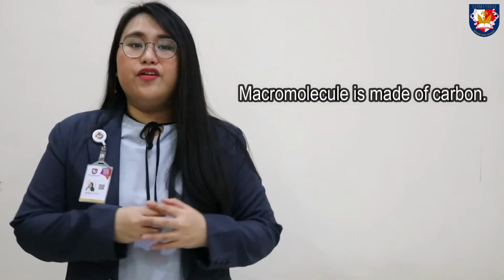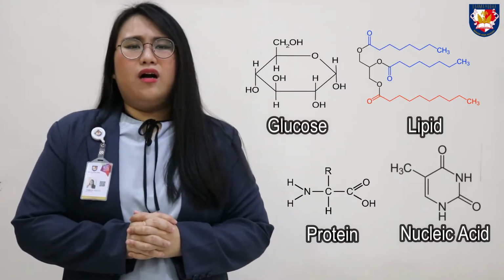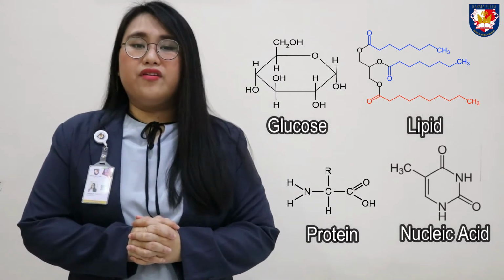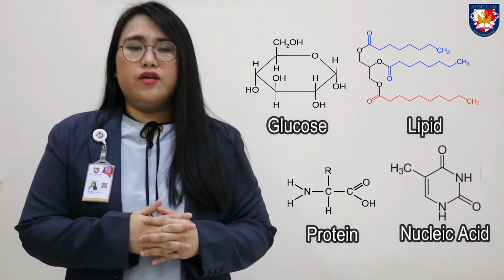The macromolecules, like I have said before, are big or giant molecules, and they contain carbon. So let's take a look at the pictures here. In these pictures, you can see that all the molecules have carbon. That's why they are macromolecules.